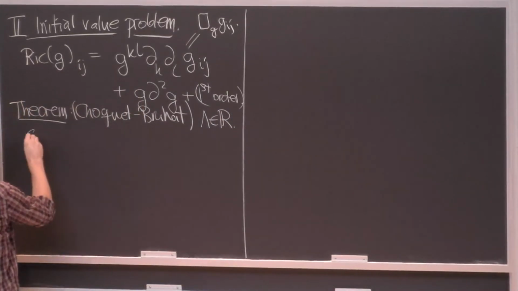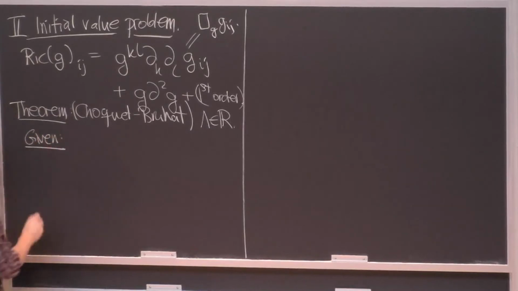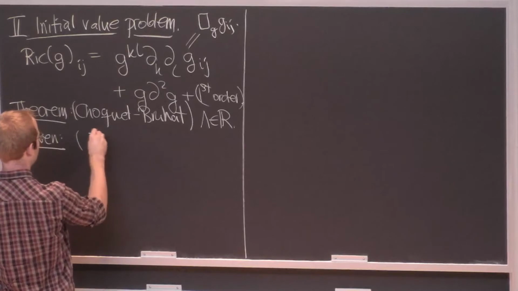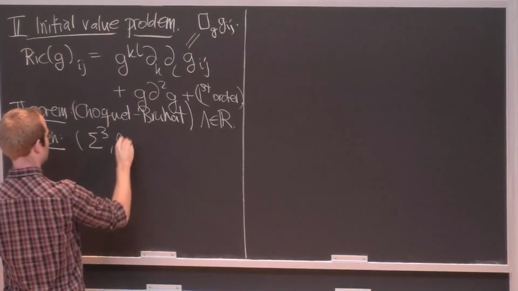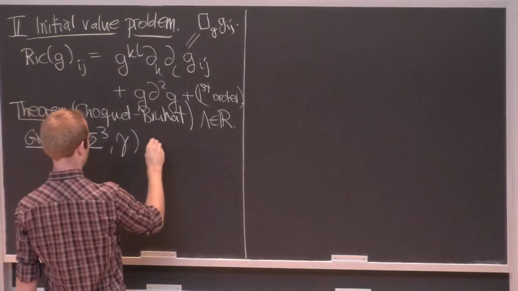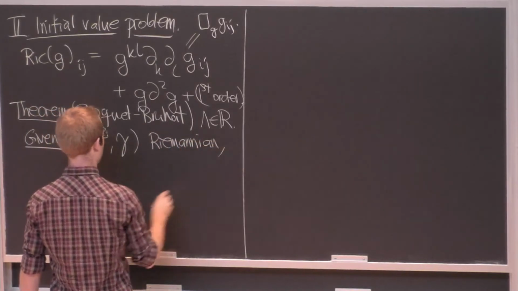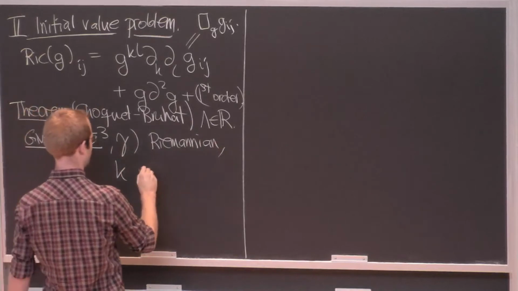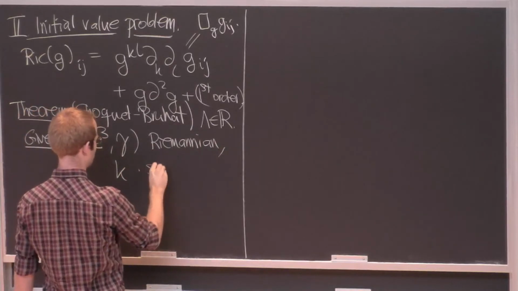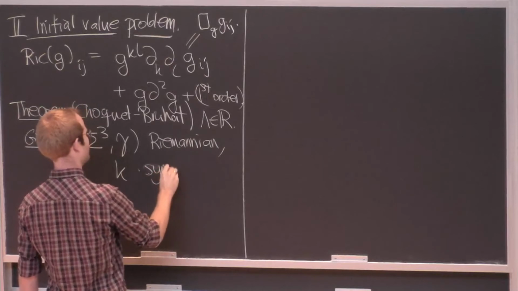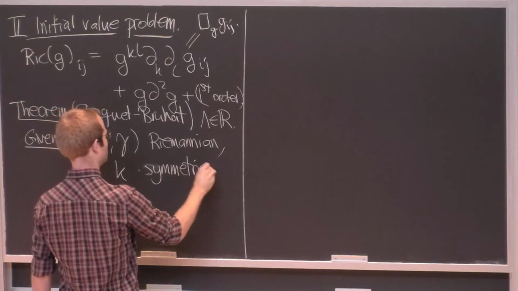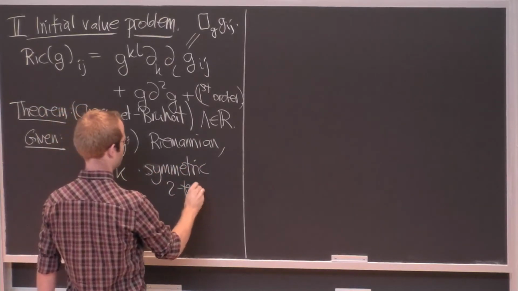And what you're given, which I want you to notice looks slightly funny if you're used to the usual theory of initial value problems for wave equations, is a three-dimensional manifold sigma and a Riemannian metric gamma on sigma. And you're also given a K, which is a smooth symmetric 2 tensor on sigma.